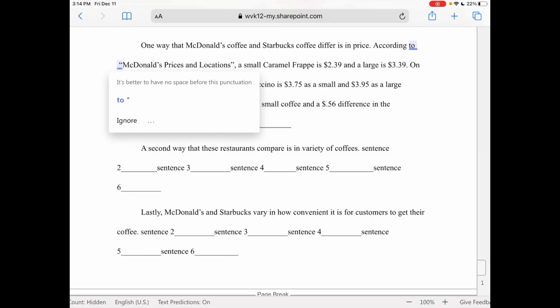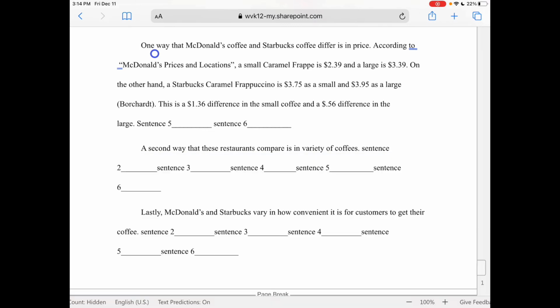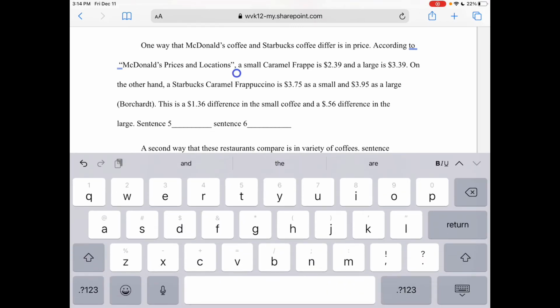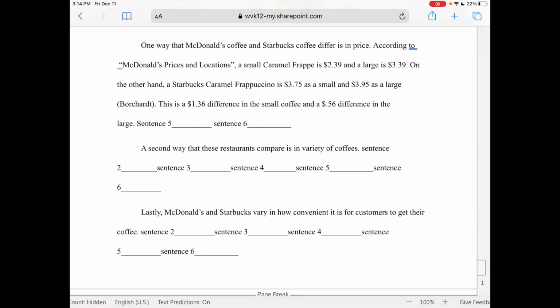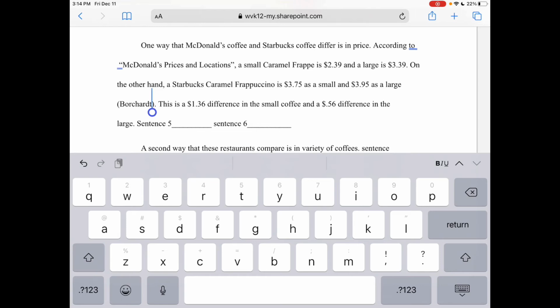So use your proper judgment. The comma, notice, is after the final apostrophe. Notice with my second in-text citation, I use the author's last name since I had an author, and the parentheses is before the period.